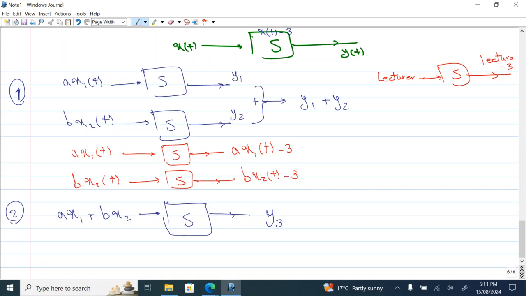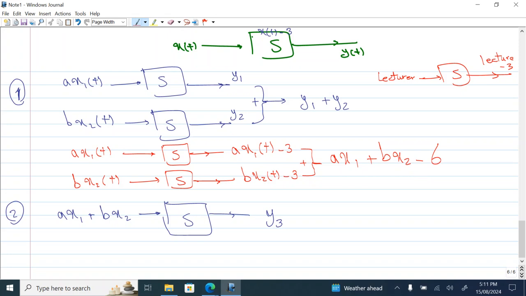Okay? It doesn't matter what you send to the system. Whatever is defined will be implemented on the input. Now let's add them. The answer will be a x1 plus b x2 plus 6, right? Minus, sorry. Right?